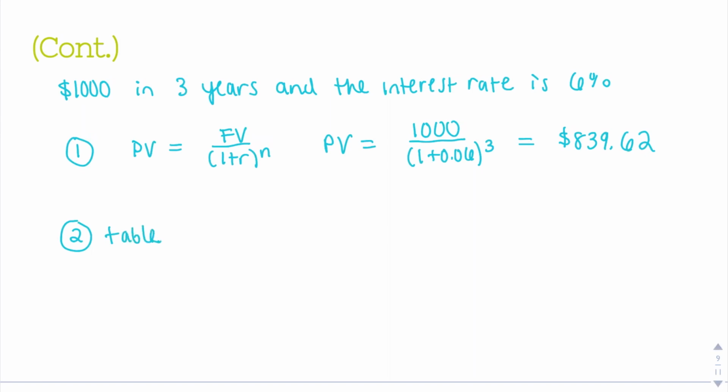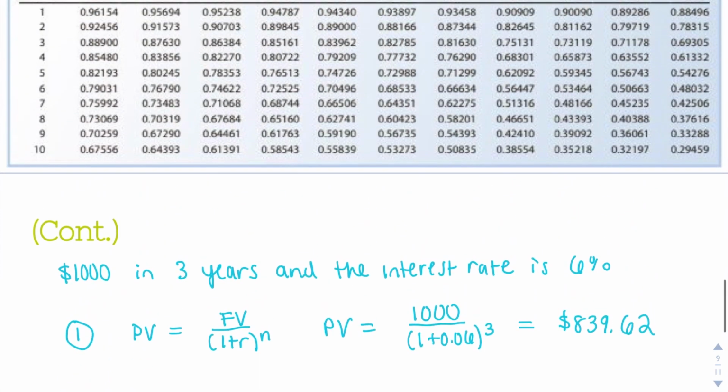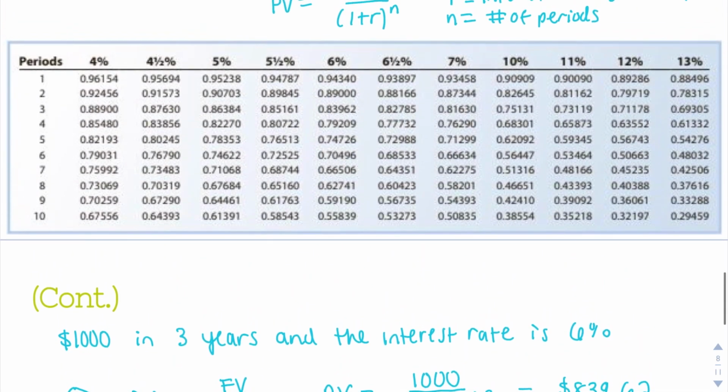The second way is using the table, and this is much easier. You don't really have to do anything out. You're just going to do the following. So we're going to look up here, and we're going to find the intersection of 3 years and a 6% interest rate. So we have the 6% interest rate and 3 periods, and that gets us this discount factor right here.